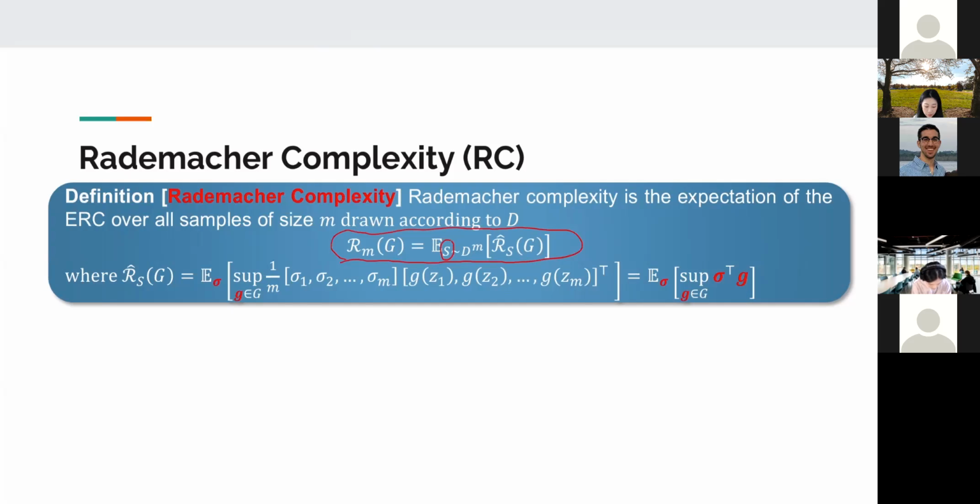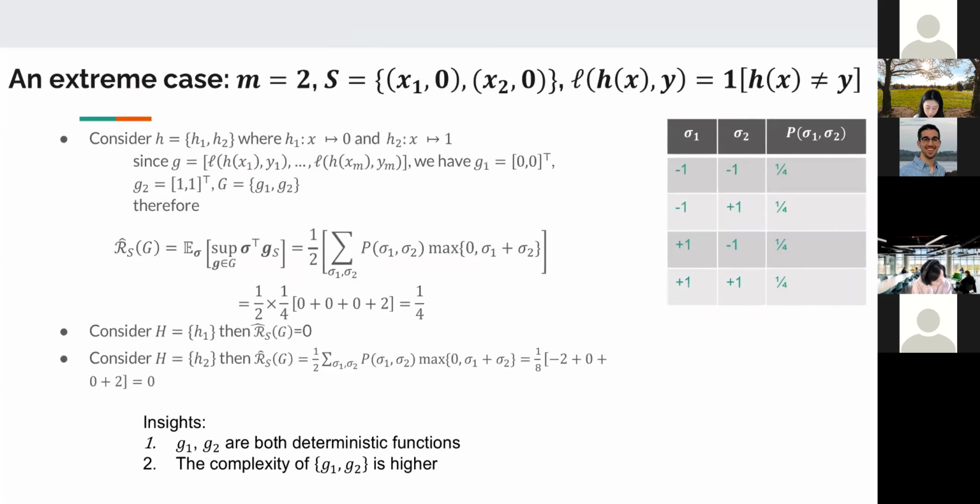Does that make sense? So here is an extreme case. Of course, this is not a very good illustration of Rademacher complexity, only because Rademacher complexity is really defined for infinite hypothesis sets. But I wanted to use this example to show what Rademacher complexity is really doing. Let's say you have this very extreme case where m equals 2.